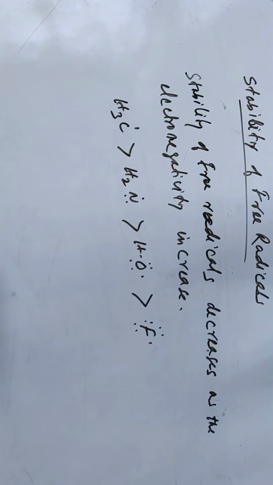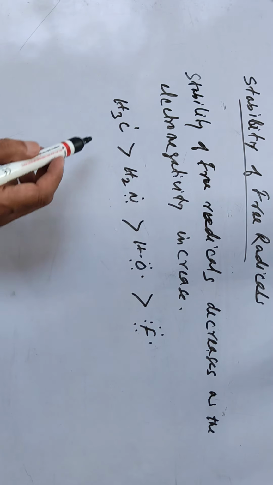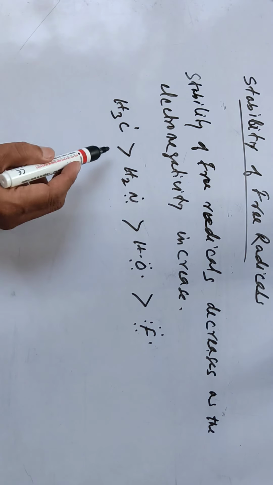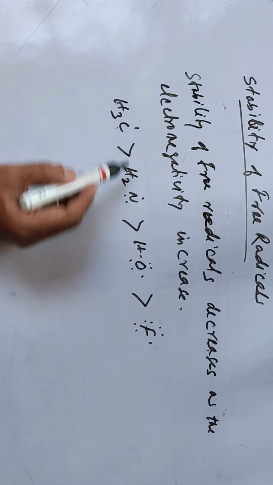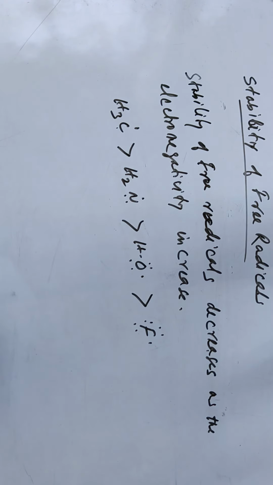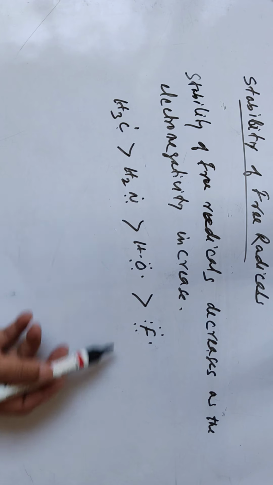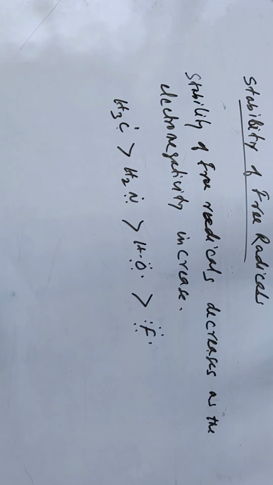Okay, like this. So in this table, the polarity and electronegativity increase through carbon, nitrogen, oxygen, fluoride. So the electronegativity increases, but the stability of these radicals decreases.